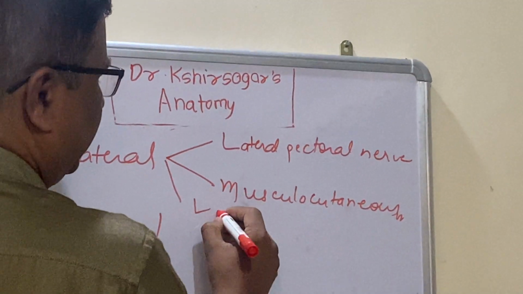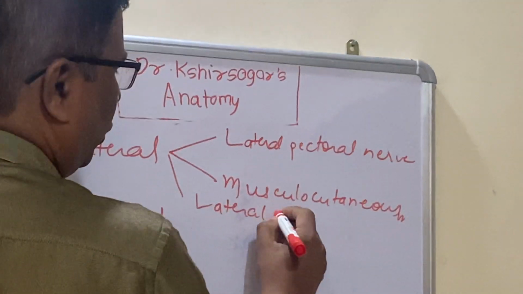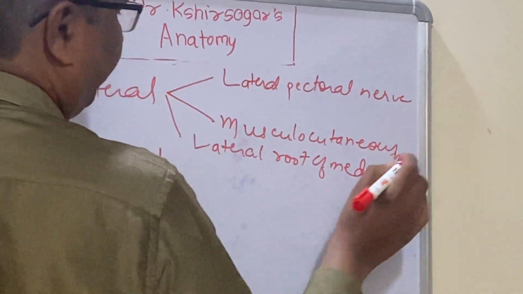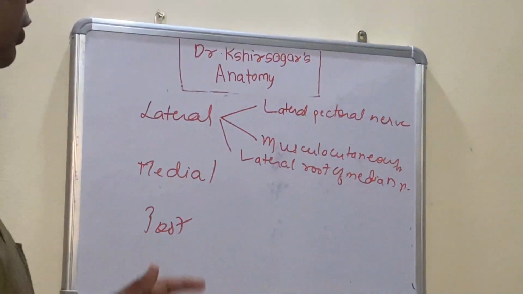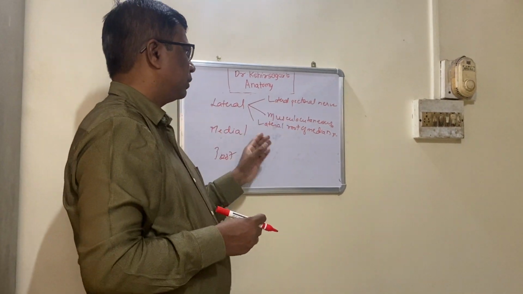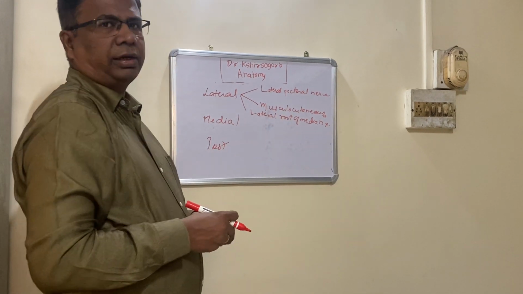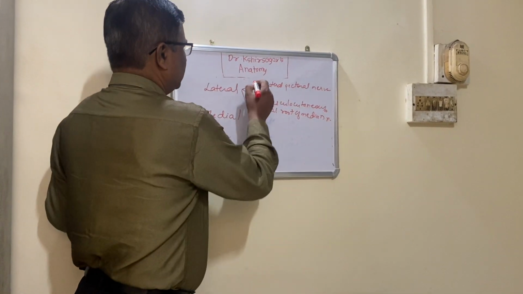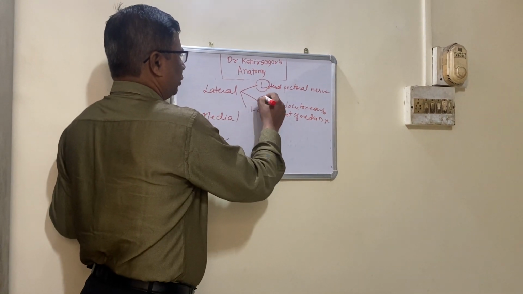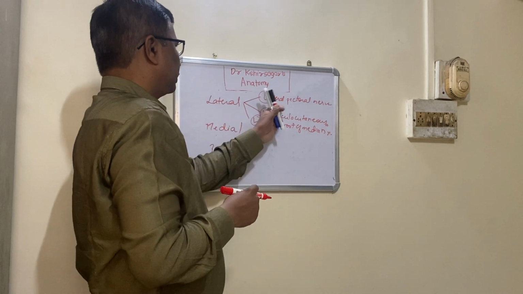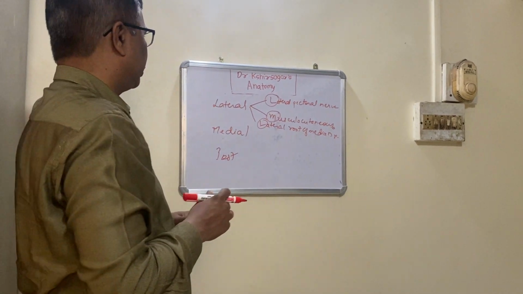And the third L is lateral root of median nerve. Okay. So the three important branches of the lateral chord of the brachial plexus are lateral pectoral nerve, musculocutaneous nerve and lateral root of median nerve. LML. So when you remember the branches of the lateral chord, you will remember LML. Okay. So that is about the branches of the lateral chord.